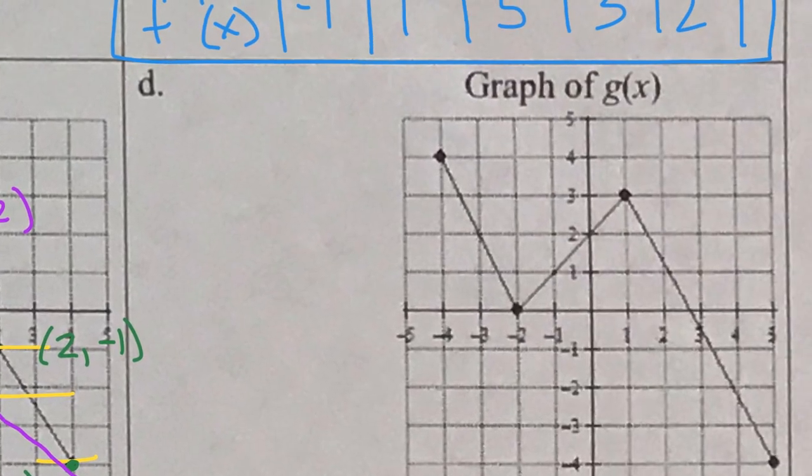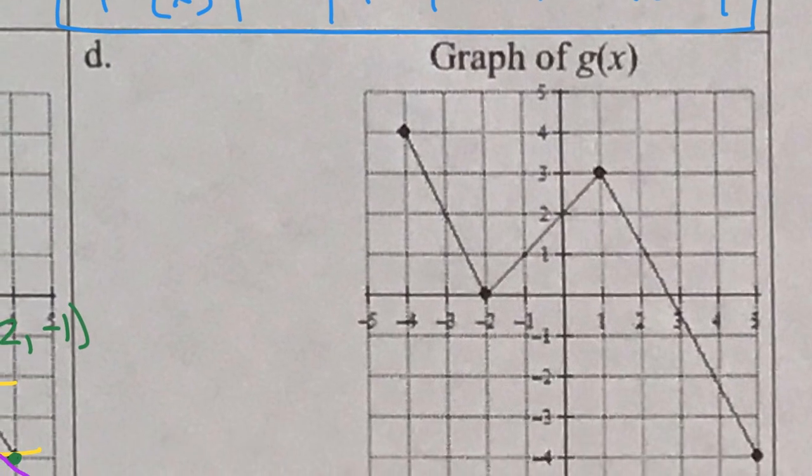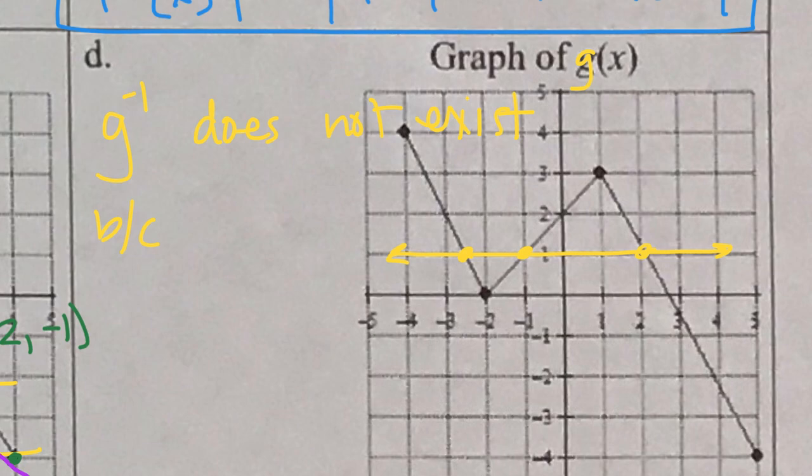And lastly, number 4 here, is this a one-to-one function? And no. Once again, we can draw the horizontal line test, and this crosses our graph here 3 times. So we can say that g inverse, since this is called g inverse, does not exist, because g is not one-to-one.